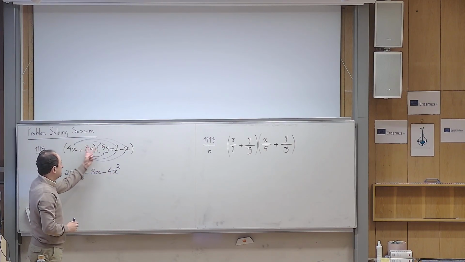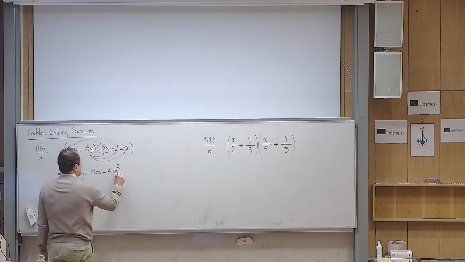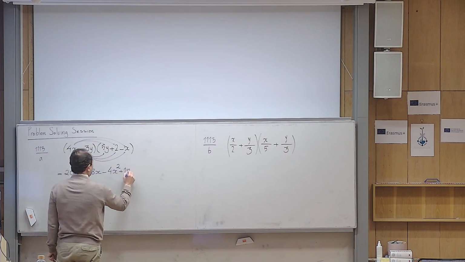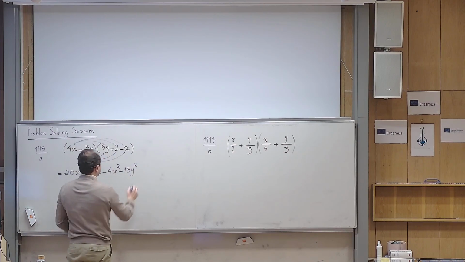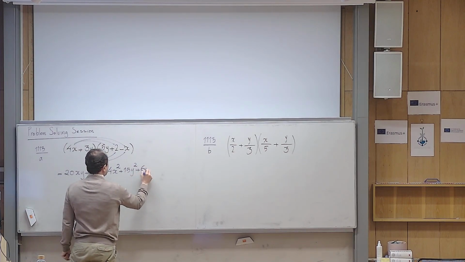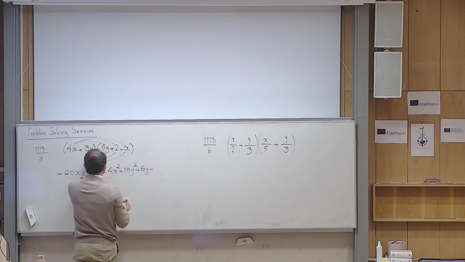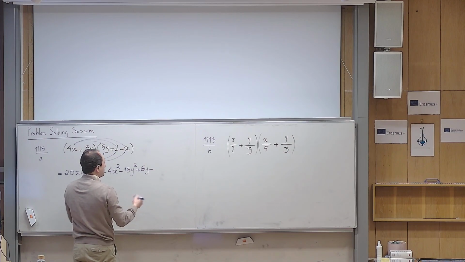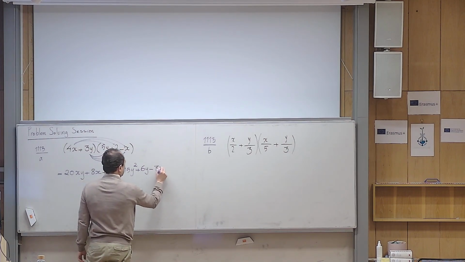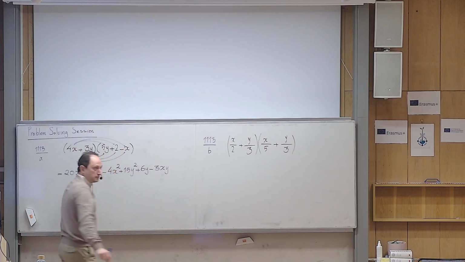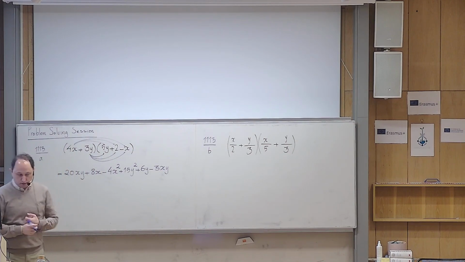Plus 3y times plus 5y, it becomes plus 15y squared. And then this one multiplied by that is plus 6y, and this one multiplied by that minus 3yx or 3xy. It doesn't matter. Yes? So this is the multiplication part.